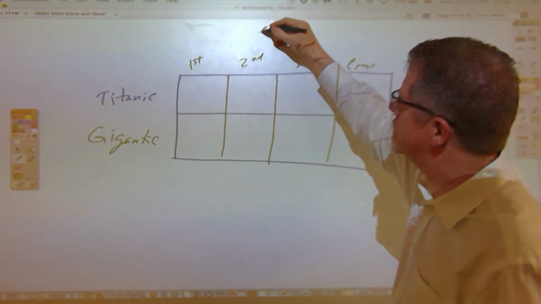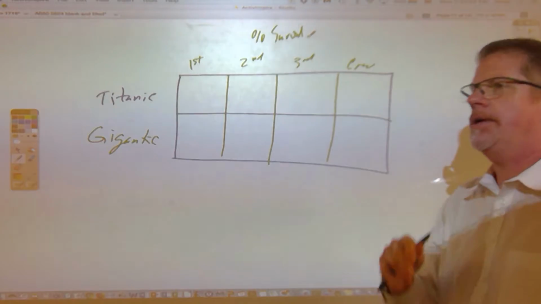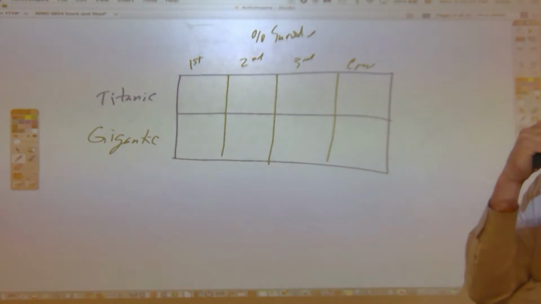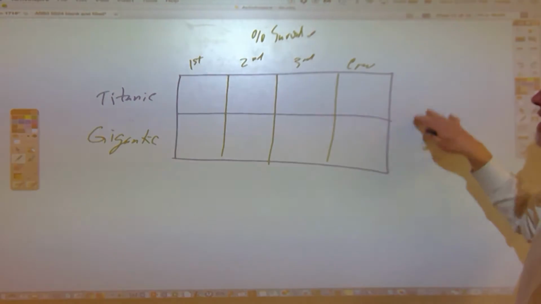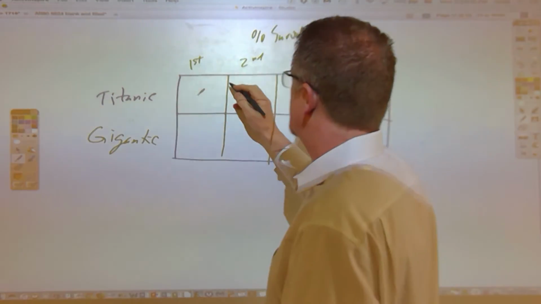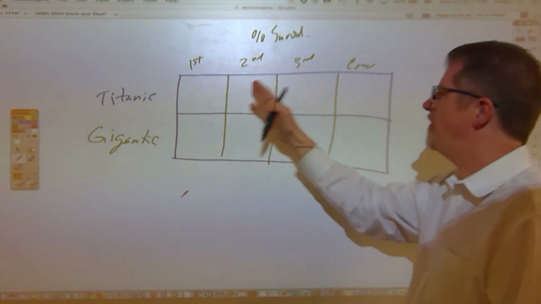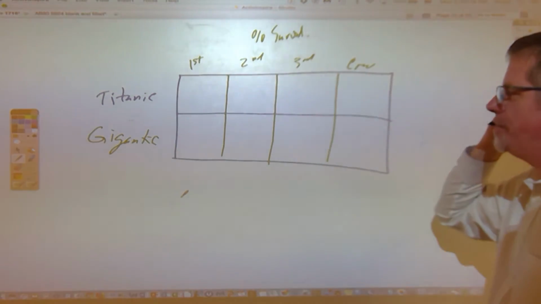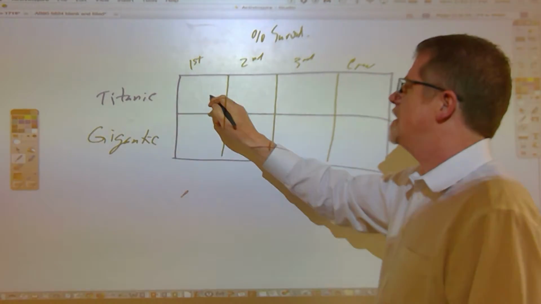In fact, we'll look at percent survival. We could say, just in terms of raw numbers, just imagine there are 1,000 people on each ship. And to make the numbers nice, we could say that there's 250 people in each class.